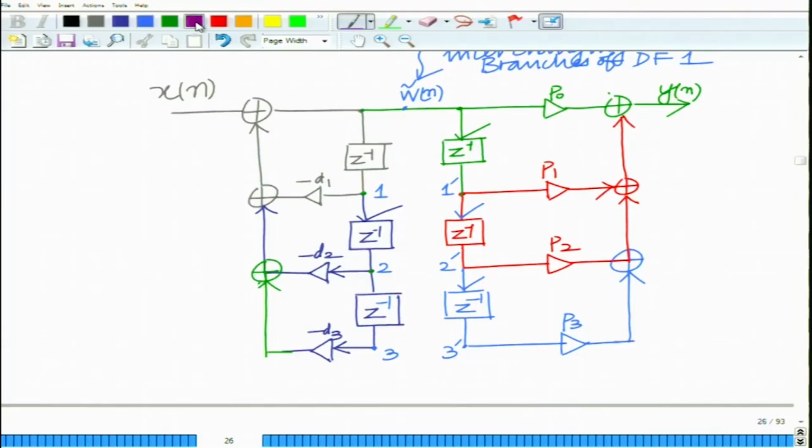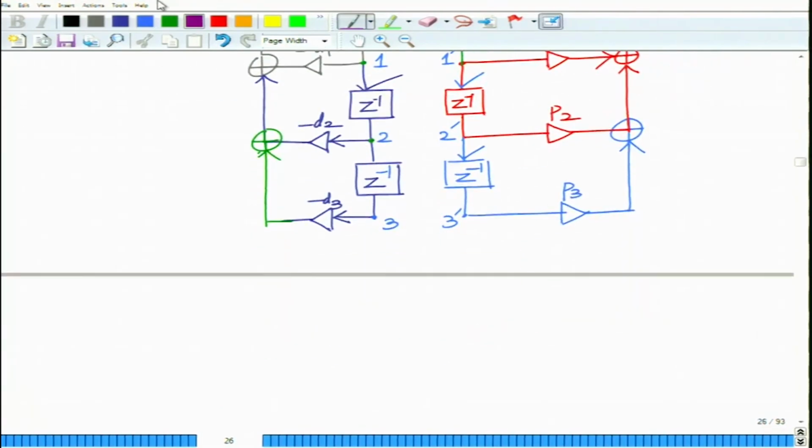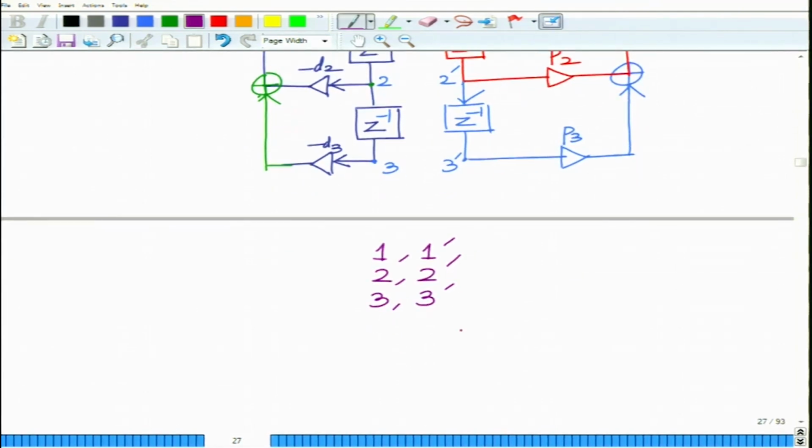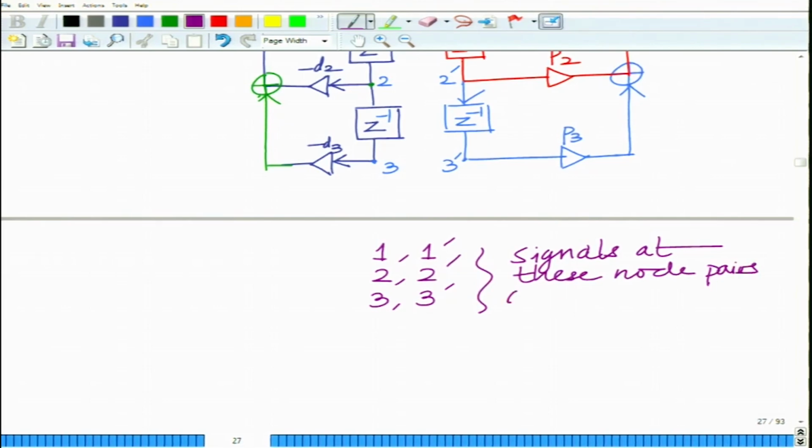So basically I can fuse the signal points 1 and 1 prime, now these pairs are basically signals, this implies the signals at these node pairs are identical.